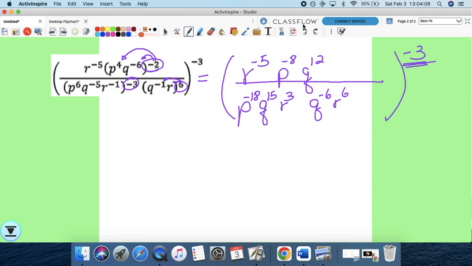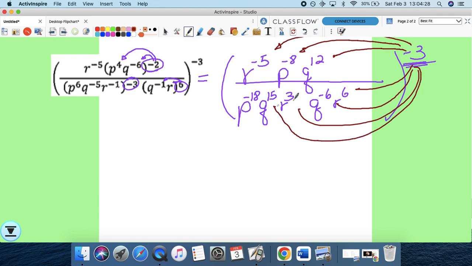You can switch positions here, or you can multiply -3 times everyone. It's up to you. Okay. I am going to multiply this -3 times every exponent inside, and likewise at the bottom. So it's almost like the distributive property, right? So let's see what we get.